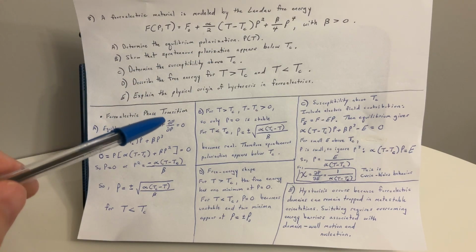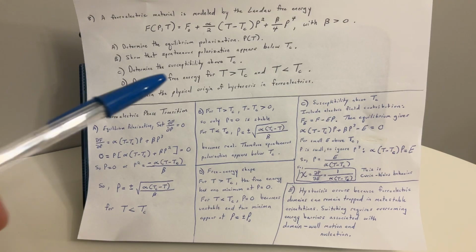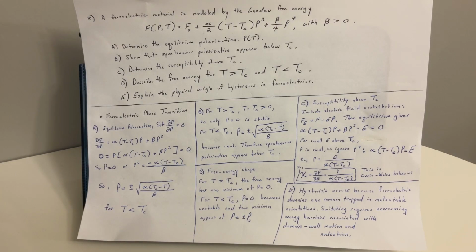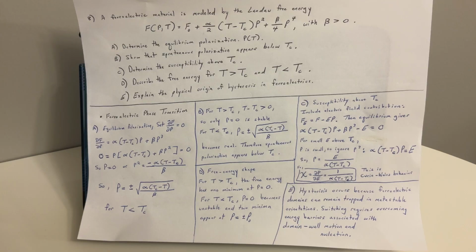So for the ferroelectric phase transition, equilibrium polarization, we're going to set the partial dF/dP equal to 0. Taking that partial derivative of F with respect to P gives alpha times the quantity T minus T sub c, P, plus beta P cubed.